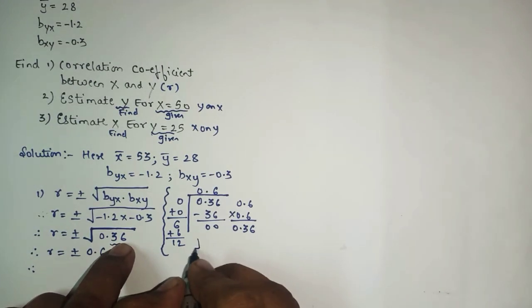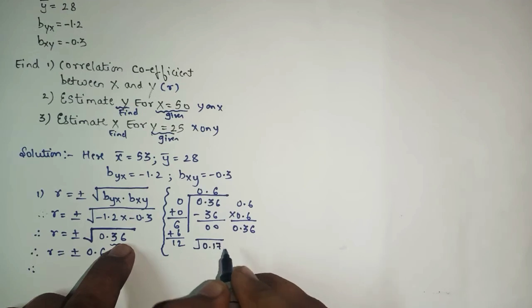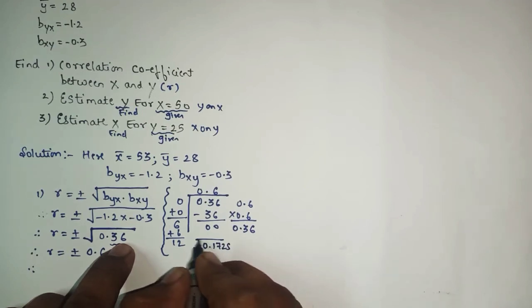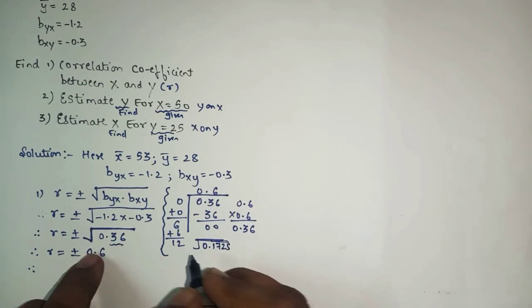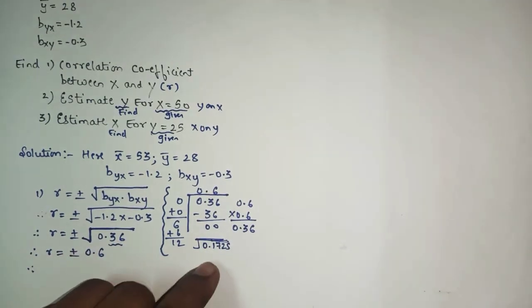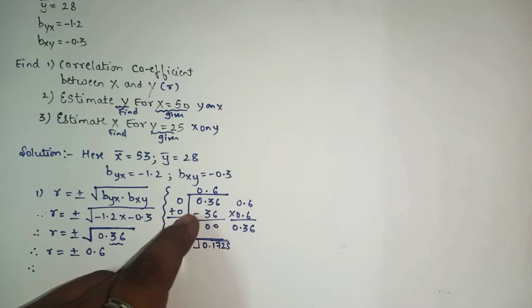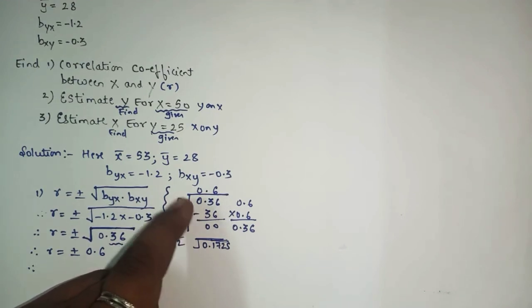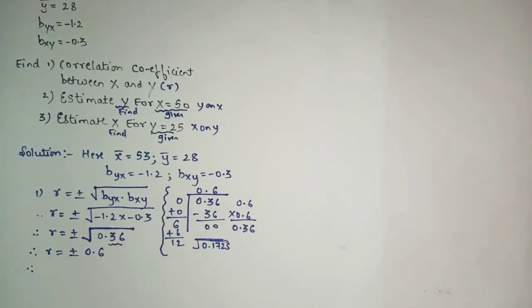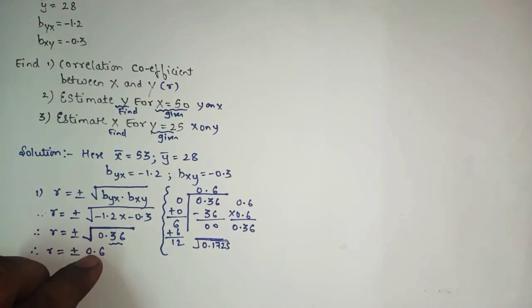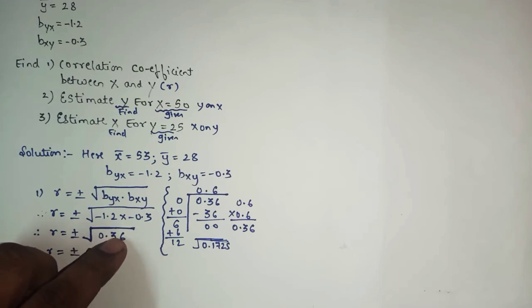Suppose when it is 0.1725, here we cannot find the answer directly. So for this type of sum you have to apply the square root division method. Remember this, these tricks and techniques are only for perfect squares like 1, 4, 9, 36, 49.